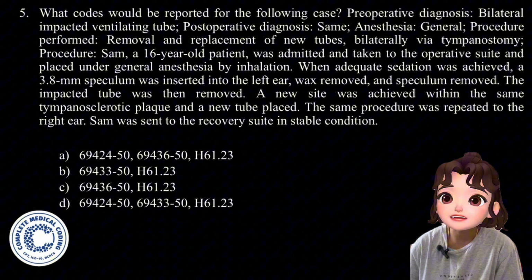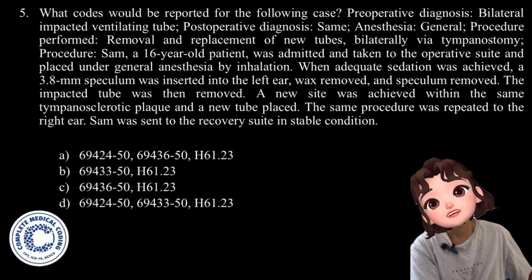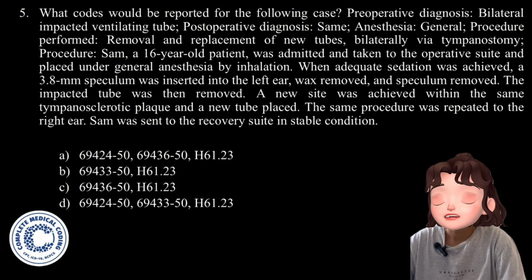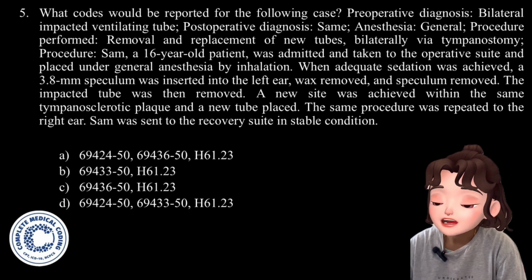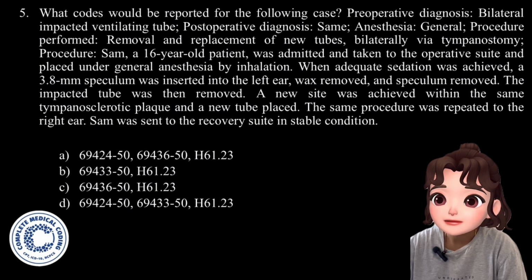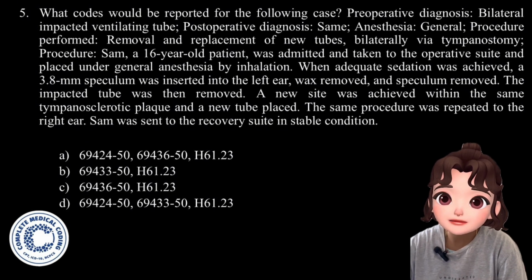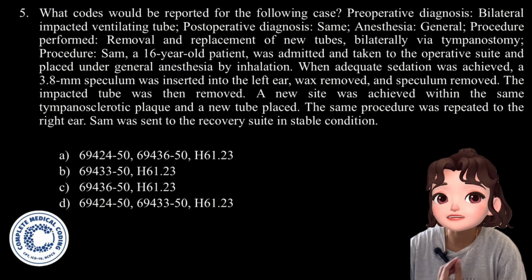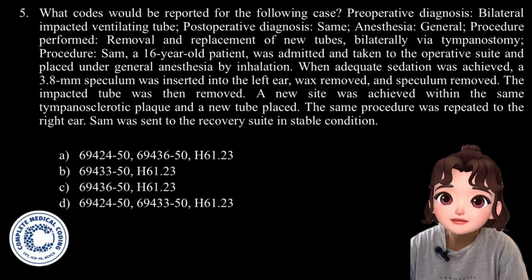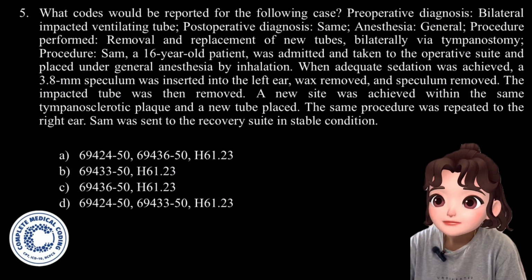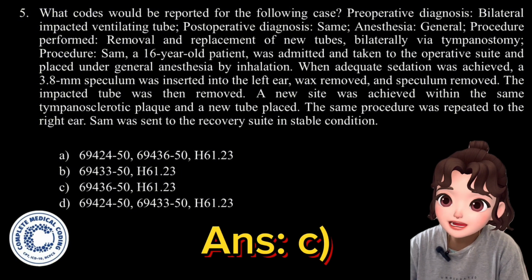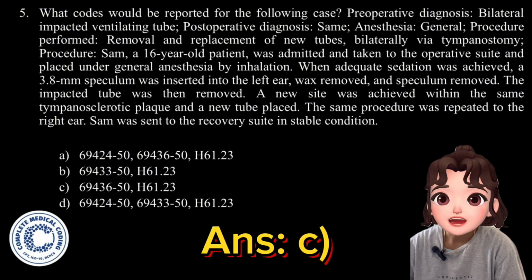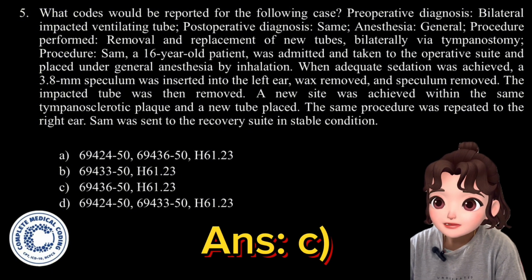Now what is ICD code H61.23? It is again the same: impacted cerumen, bilateral, which means both ears have earwax. So that is the ICD code H61.23. Here the correct answer is option C: 69436 with modifier 50 and H61.23 as the diagnosis.